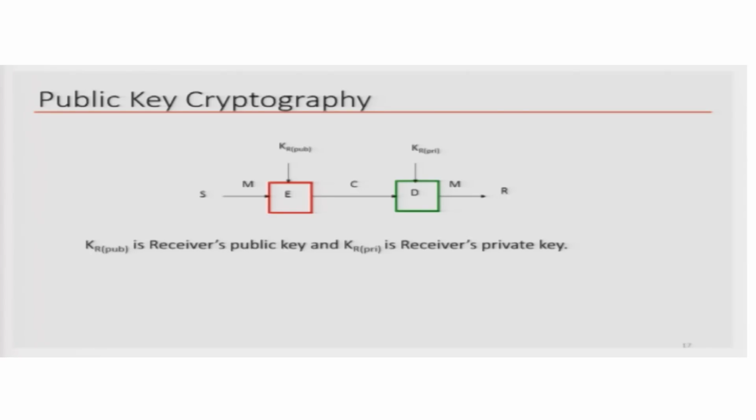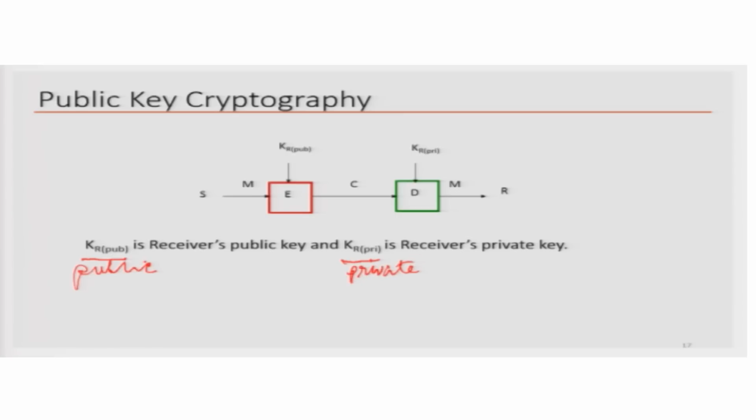As we said before, in public key cryptography there are 2 keys, one is kept secret, the other one is kept public or known to everybody, and this pair of keys here we are calling KRPUB and KRPRE. This one is private and this is the public key.